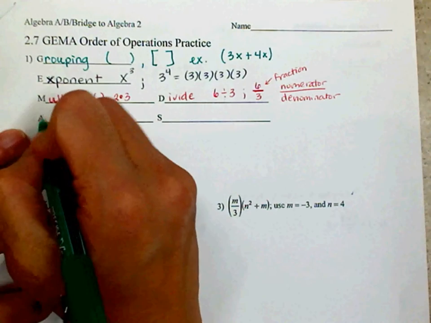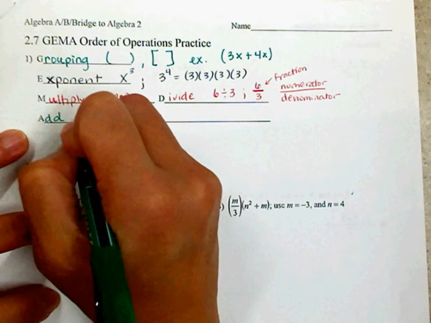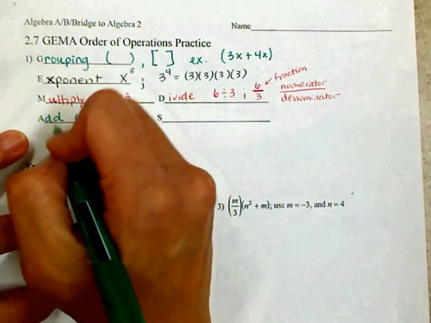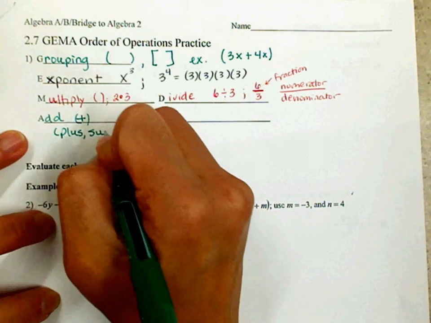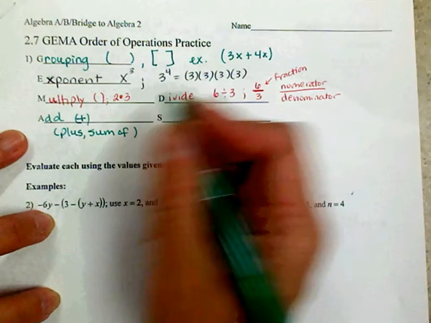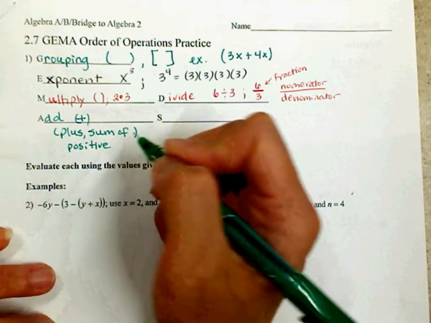Next step, puzzle 4. This is add, and the symbol for add is that symbol right there. Sometimes you hear the word plus. Sometimes you hear the word sum of. All those mean the same thing. And you also hear the word positive, which means add.